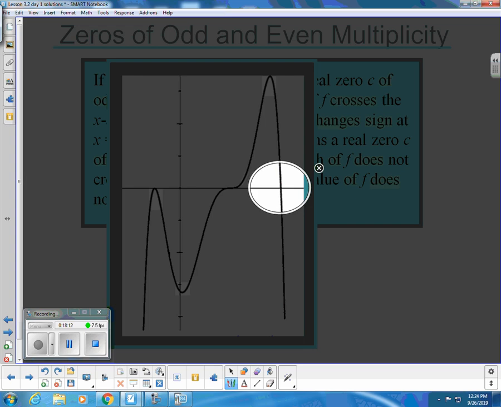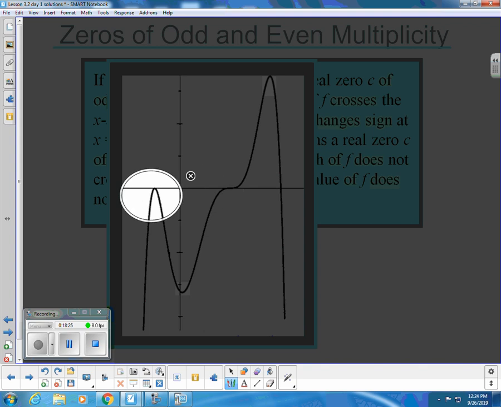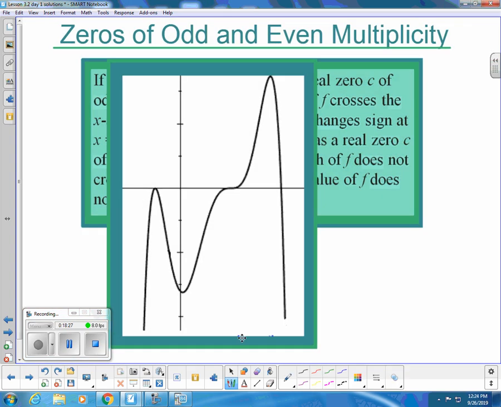Is that a simple root, an even root, or an odd multiplicity root? Simple. Odd. Even. So if I'm looking at this, the least this could be is a double root, right? The least this guy can be is a triple, and the least this guy can be is a 1.